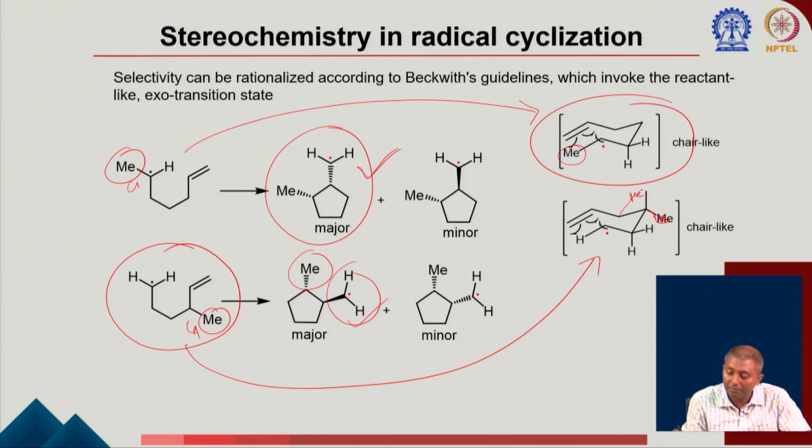And as I mentioned, there will be a hydrogen here, we can say this is H. In this position there will be methyl up and there will be a hydrogen here. So the axial position will be this hydrogen, the equatorial position will be the methyl. Now once this radical cyclization is happening, this methyl will be down, this methyl will be up. So you end up getting the corresponding anti product as the major product.